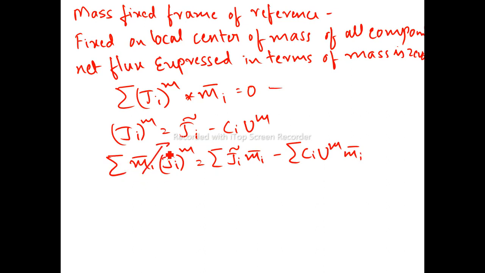This is 0 from the definition. So 0 is equal to summation of Ji tilde Mi. This can be written in terms of density.